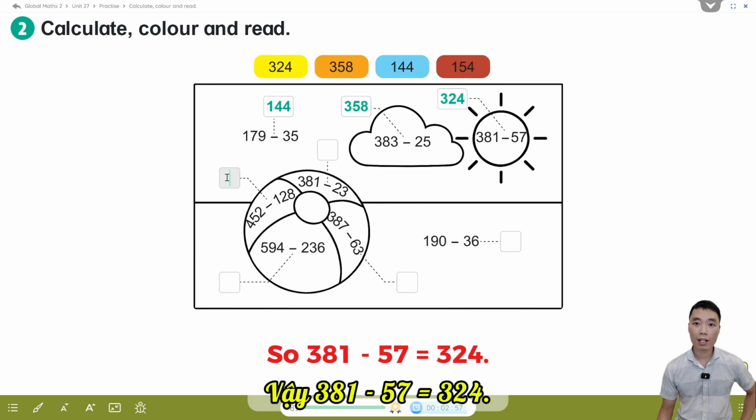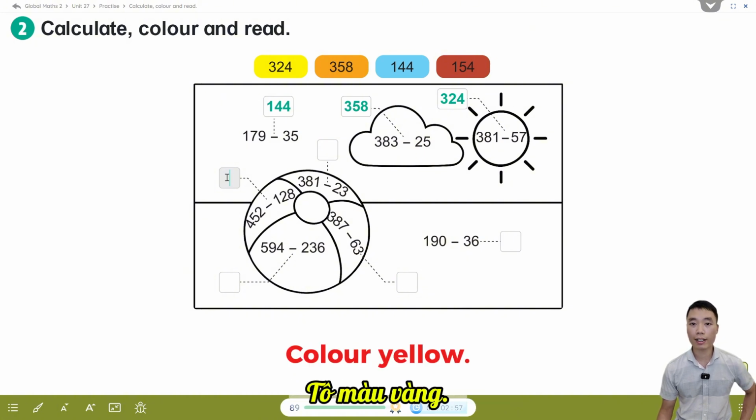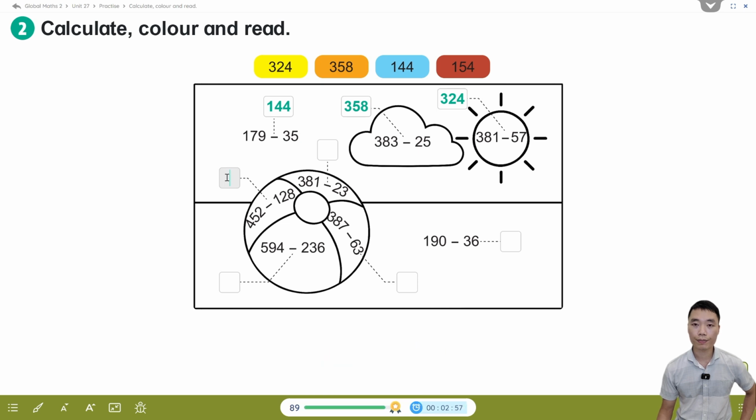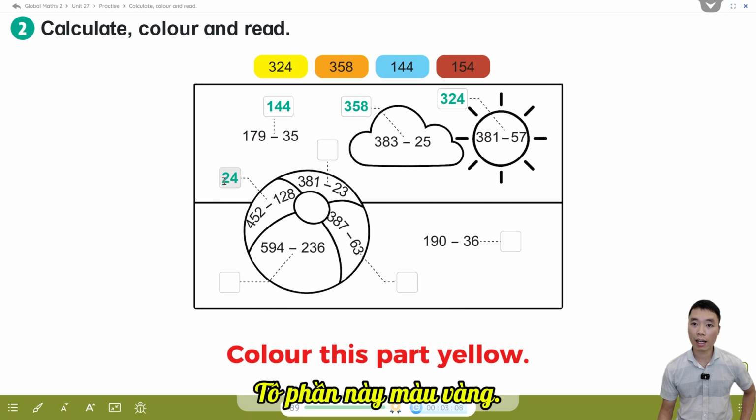So 381 minus 57 equals 324. Color yellow. 452 minus 128 equals 324. Color this part yellow.